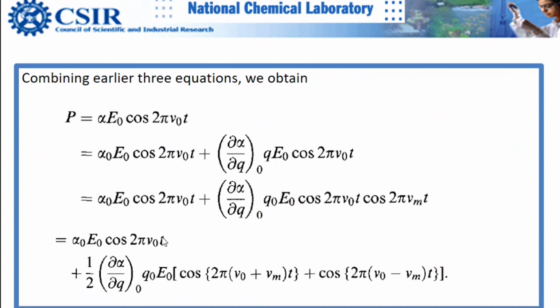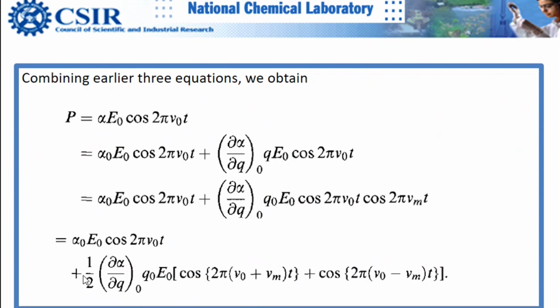So the first term here, if you notice, has this cosine function, but the frequency is nu zero. So the frequency remains the same as it is for the incoming light. So this is called the Rayleigh term.